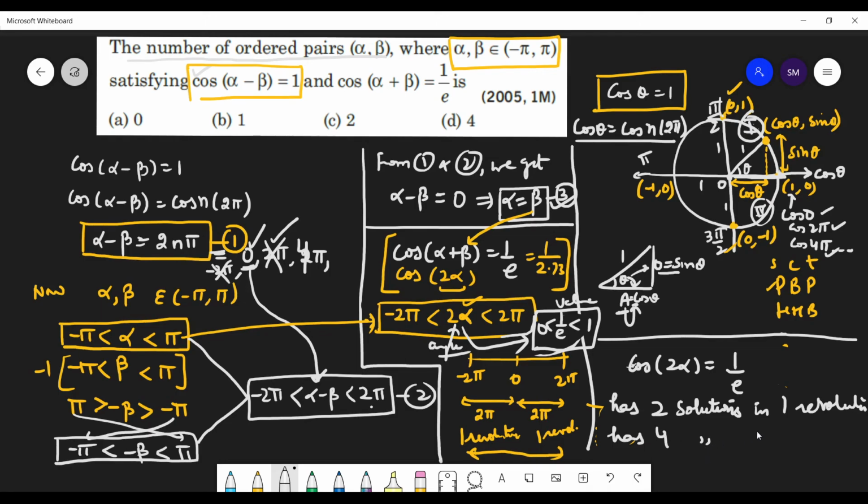So it has 4 solutions for 2 revolutions. Is this clear? Yes, sir. तो यही उसने पूछा था, भाई कितने ऑर्डर्ड पेयर आएंगे आपके पास अल्फा प्लस बीटा के? तो यानी कि अल्फा बीटा का कॉम्बिनेशन आप कोई भी लो तो 2 ही सॉल्यूशन आएंगे, एंड देन अगेन एक और रेवोल्यूशन लेंगे तो फिर 2 आ जाएंगे सॉल्यूशंस. तो इट मींस द टोटल सॉल्यूशंस विल बी 4.